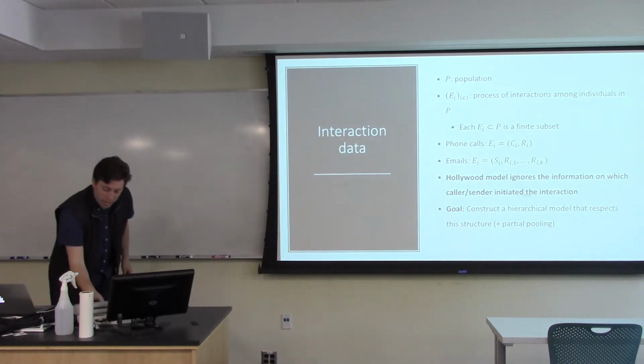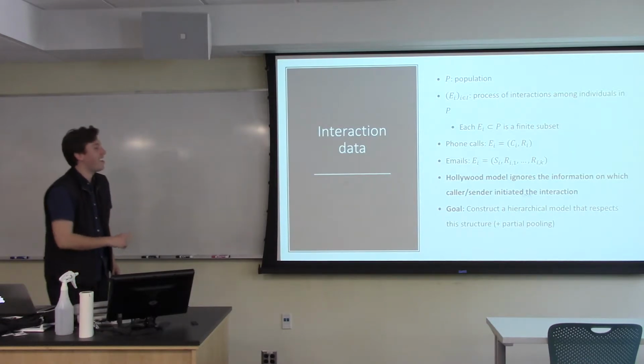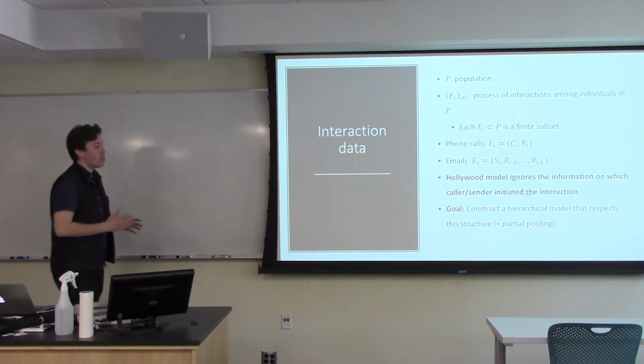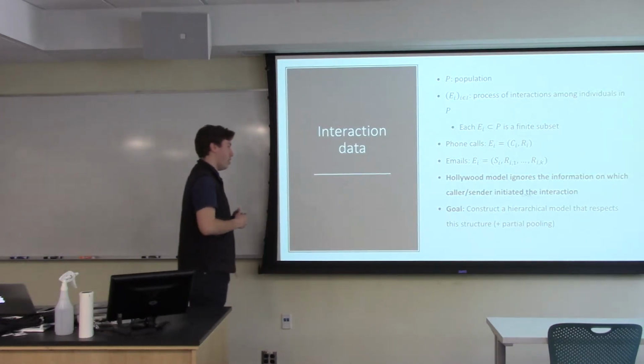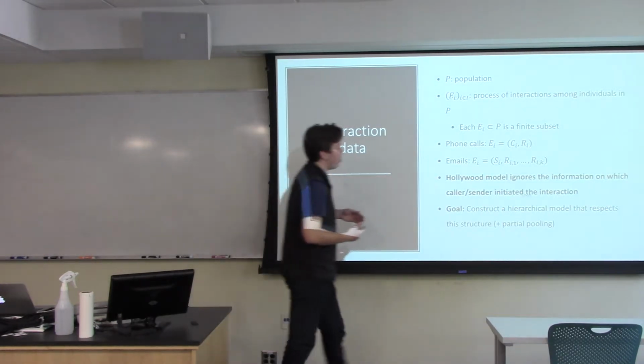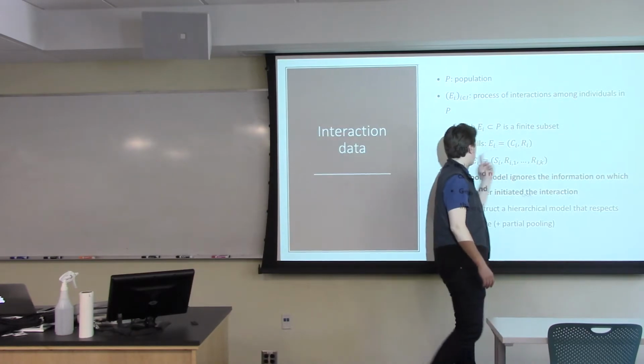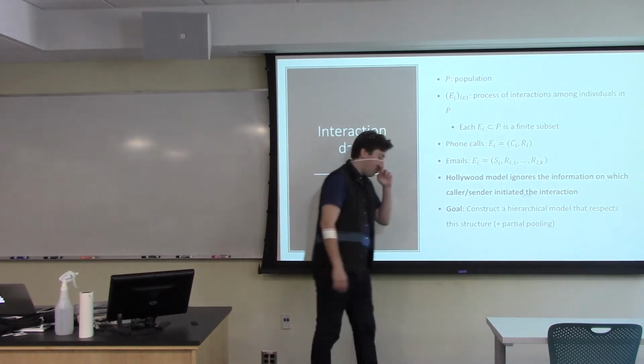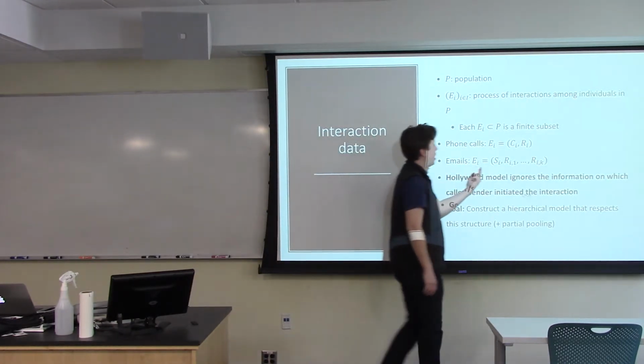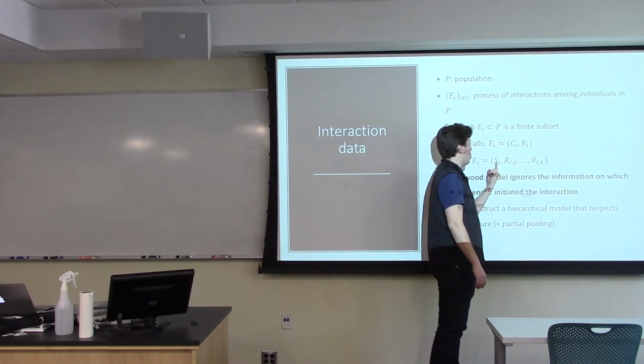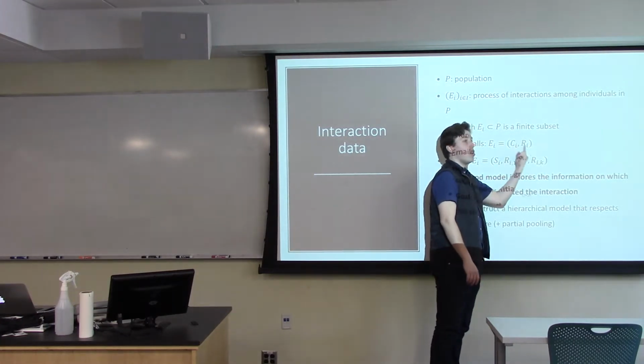Okay, with my 9 minutes, I will briefly go over this extension and why I think it's important. The reason is that in most of these cases, like in phone calls or in emails, you have a sort of higher order structure, so you have a sender and then multiple receivers, a caller and a receiver.